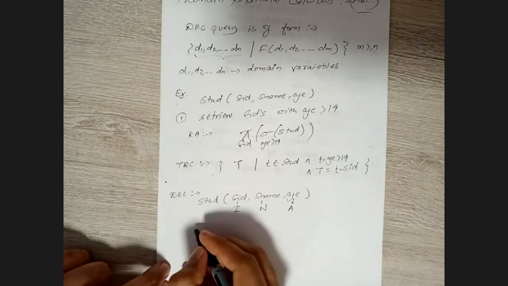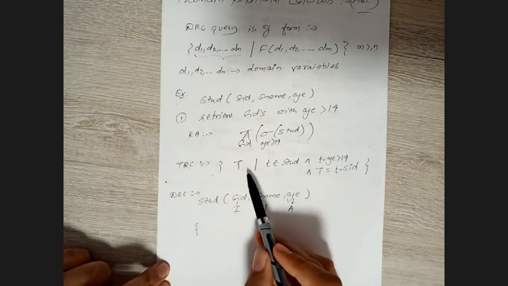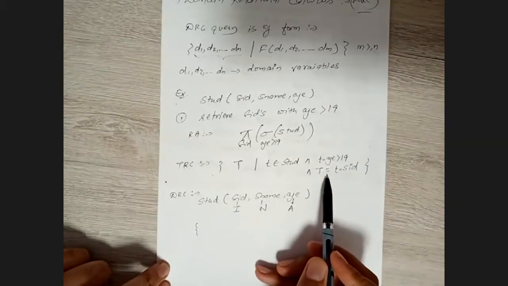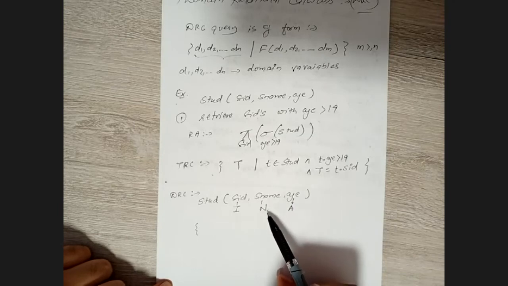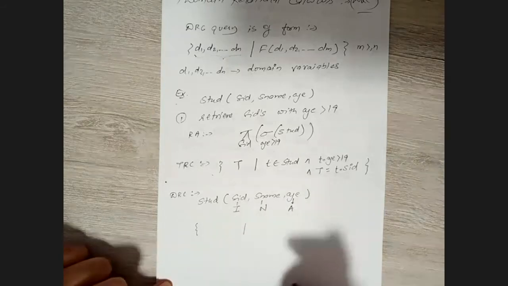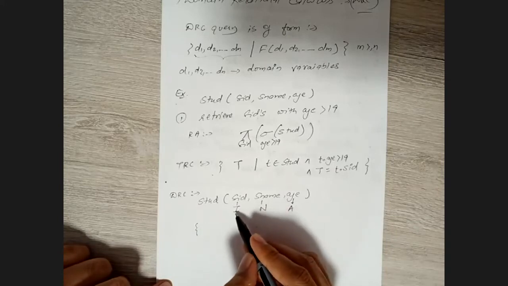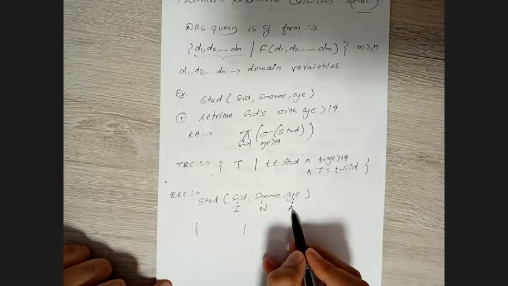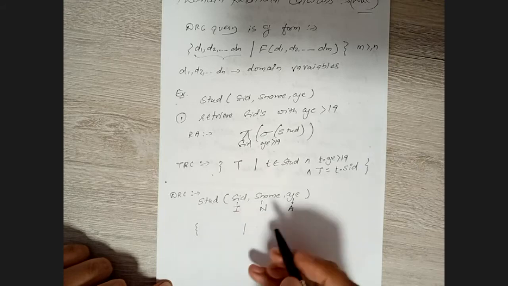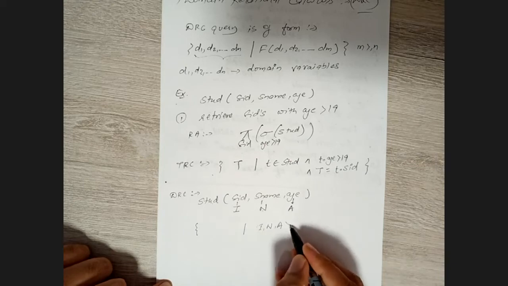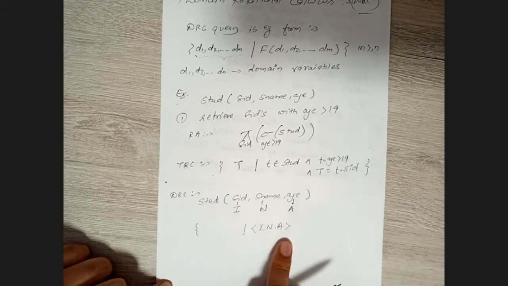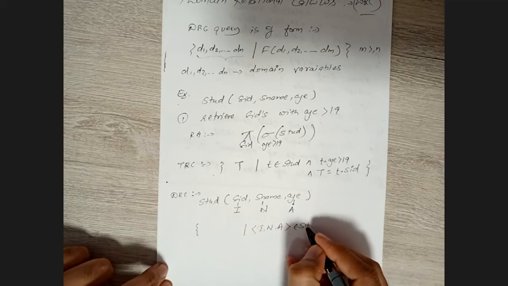The method is quite similar to this one. The only difference is we have taken new variable names for the attributes, and then we have to formulate the query using these only. See how I will write it. We know that I, N and A belong to the student table, so let's write this first: I comma N comma A, and then this symbol, belongs to the student table.